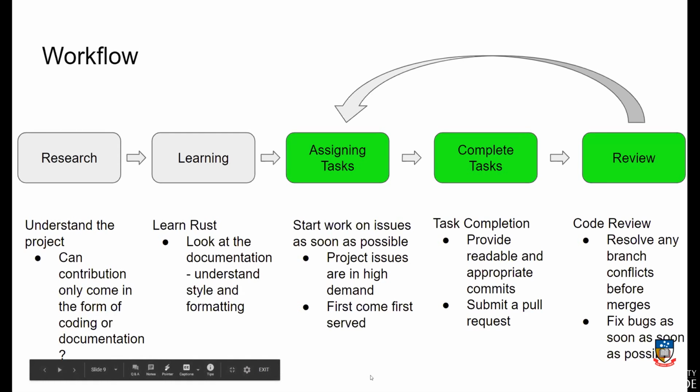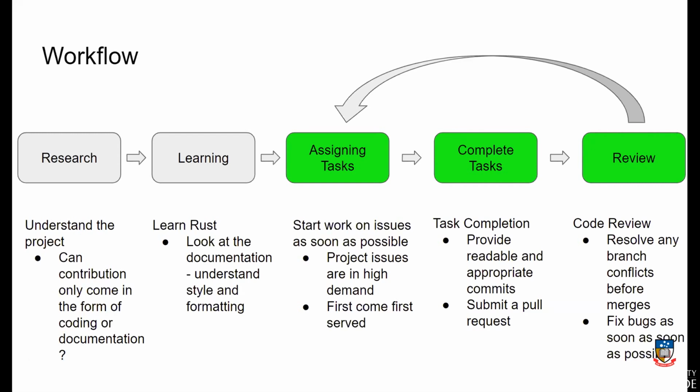But our timeline will be done as shown from the presentation, where we need to understand what the project is, understand what core utils for the translate function is, learn a bit of Rust, understanding its style and formatting, and then we assign tasks from there. And we've actually already started the issue. We've actually met up and started working on it.